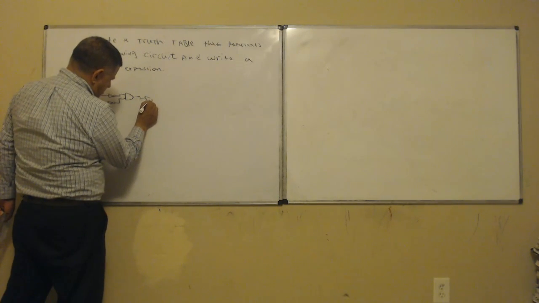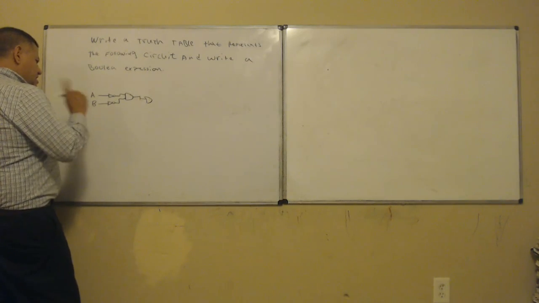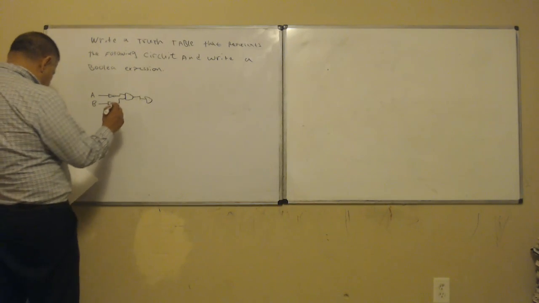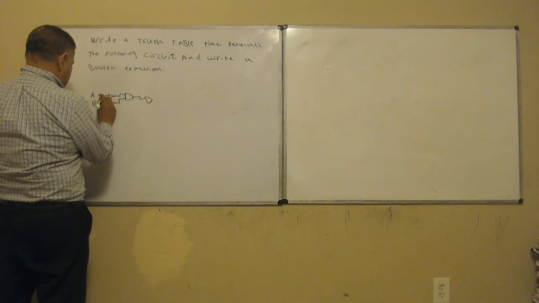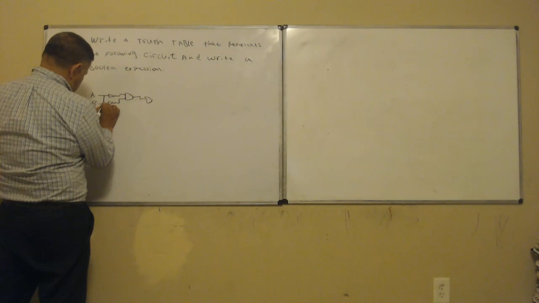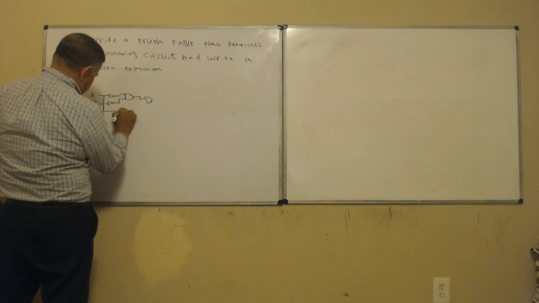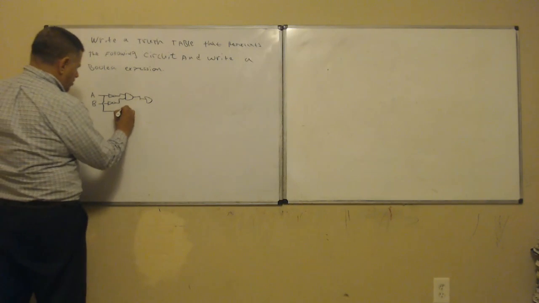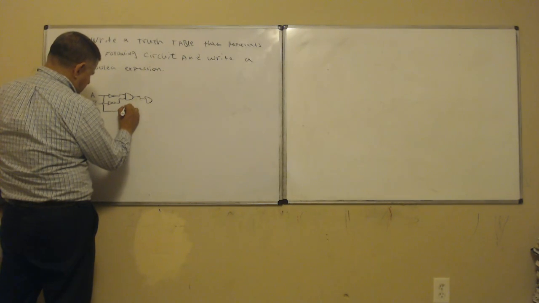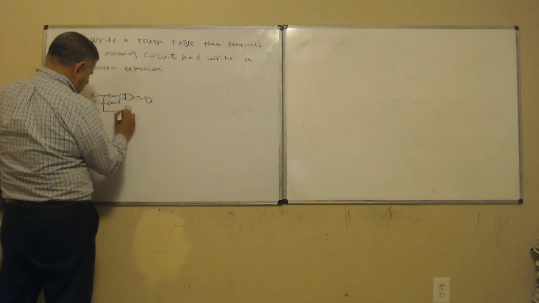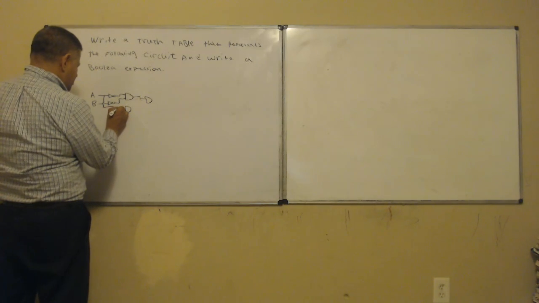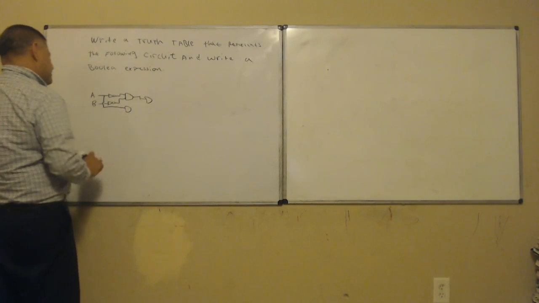So from that, I have a wire coming down, and it goes like this, and it goes to another AND gate, right? I need some room for this, so let me just do it like that.